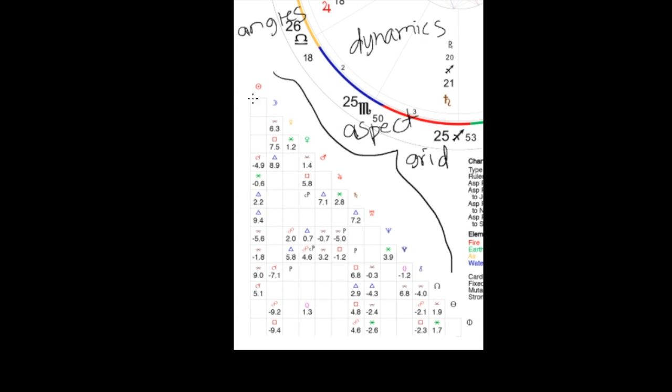All right, so now you see these are the glyphs, and these are all the different planets. So this is the Sun, Moon, Mercury, Venus, Mars, Jupiter, Saturn, Uranus, Neptune, and Pluto.